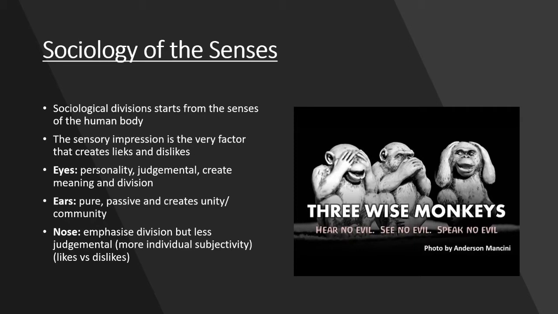Basically, Simmel wants us to really understand that the basic foundation of sociology or any culture or cultural organization such as politics or economics comes from eyesight. Because through eyesight can divisions be created, and with divisions, meanings are imposed.